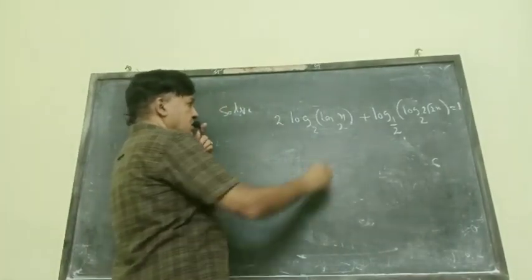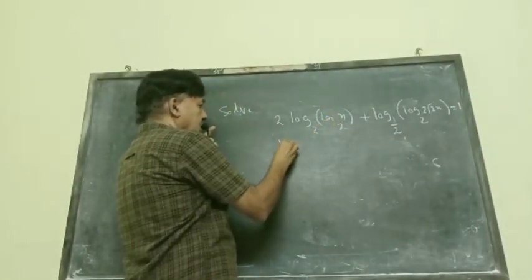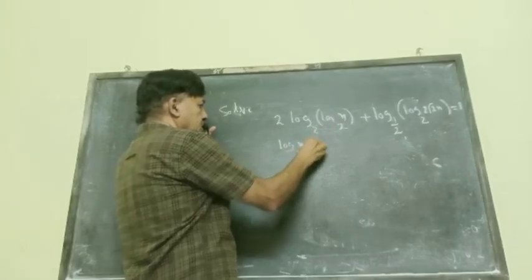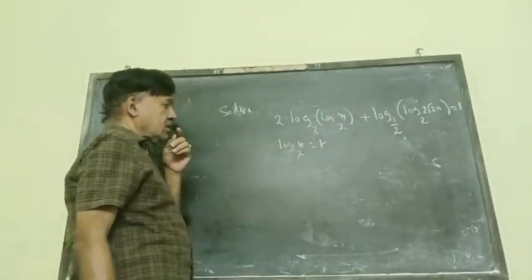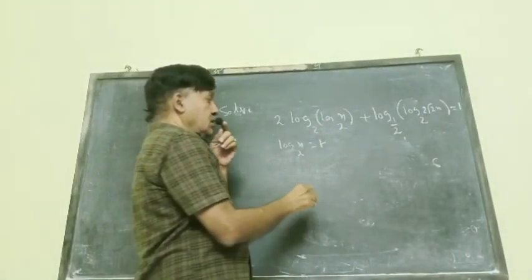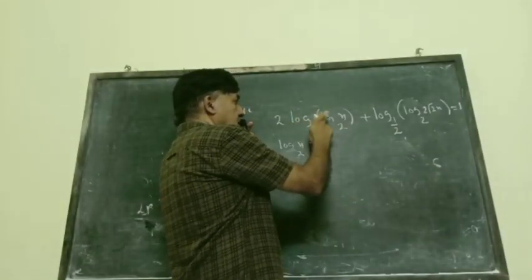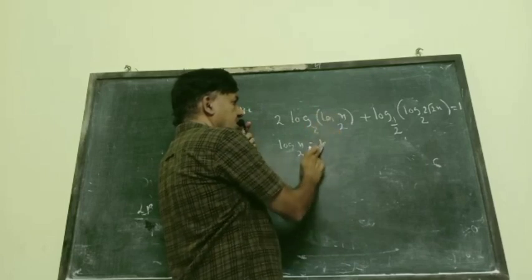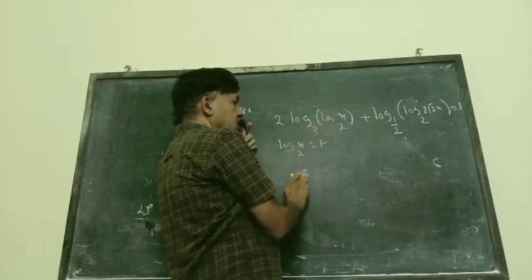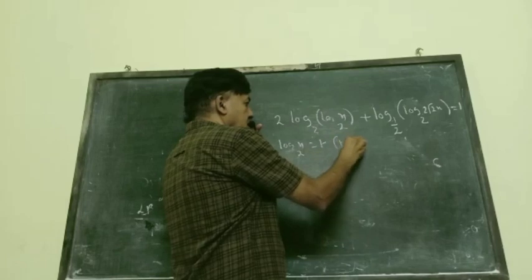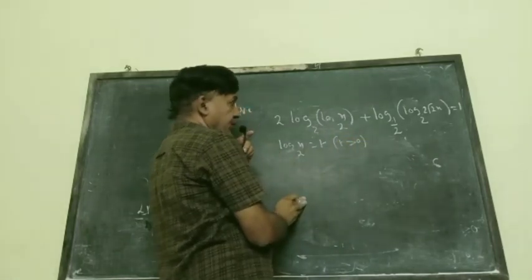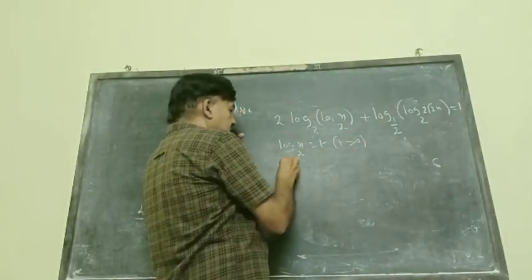So to do this, I will call log x to base 2 is equal to t. Then you should remember that your t value should be greater than 0. Then only log t will exist. If I call this as t, this becomes log t to base 2. So t must be positive. Then what happens to this?